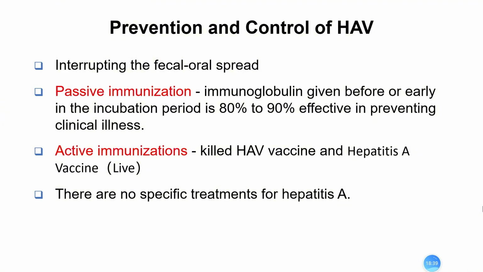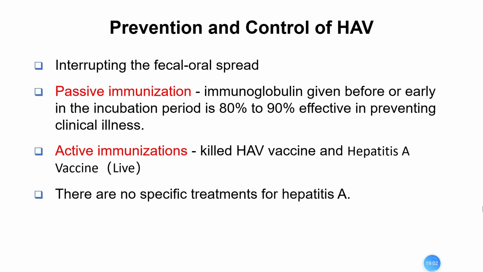Okay, prevention and control of HAV. We should interrupt the transmission route. We know that HAV transmits through the fecal-oral route, so we should try to interrupt it.